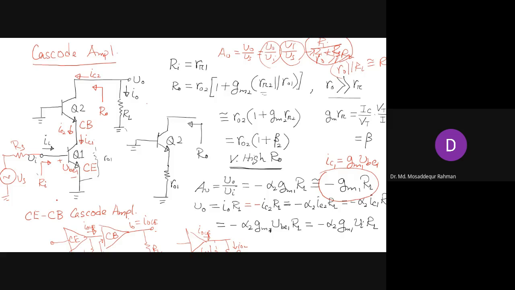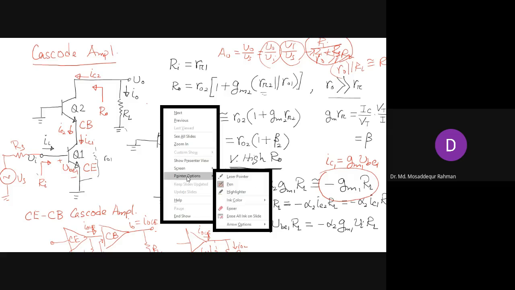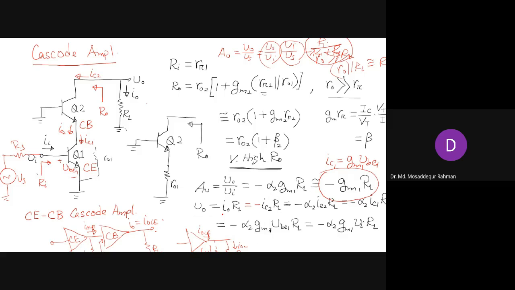The current gain, what will be the current gain? Basically, we have already shown you the current I naught, right? So the current I naught is IC2, and IC2 is alpha IE, alpha IE2.